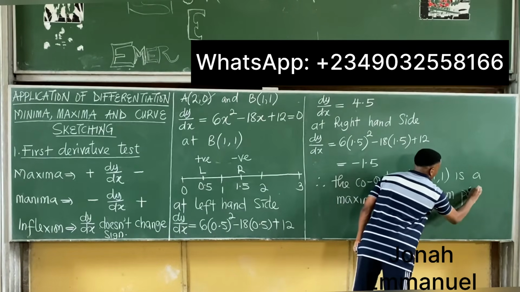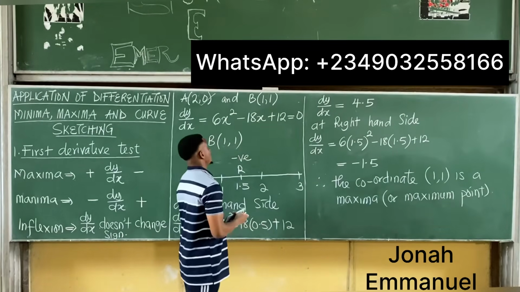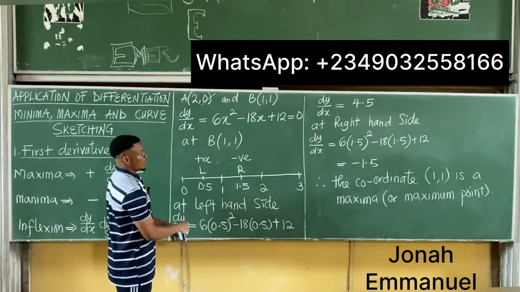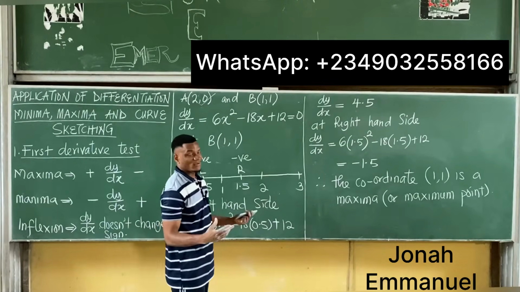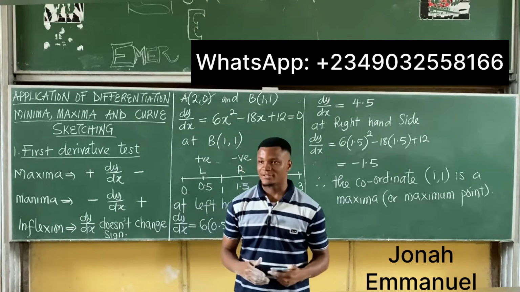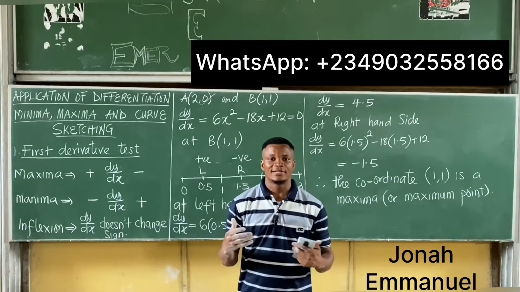So we've established two things here: 2, 0 is a minima and 1, 1 is a maxima. This is how we find minima and maxima of any function. So that's it. All right, let's see how we apply this to curve sketching.